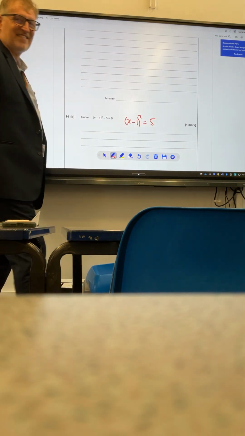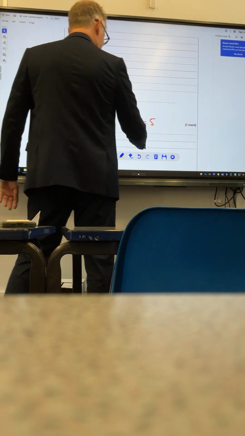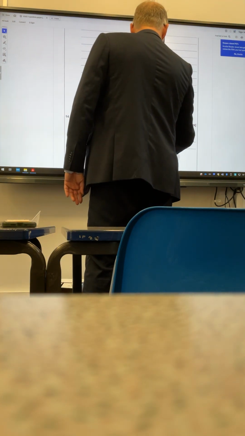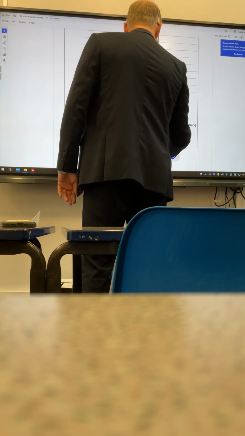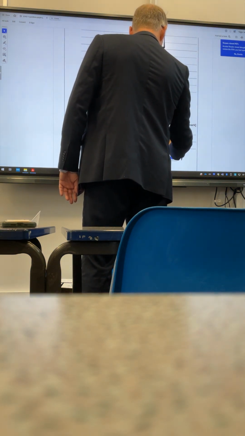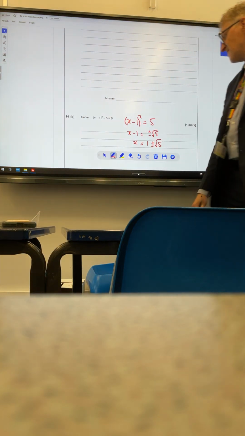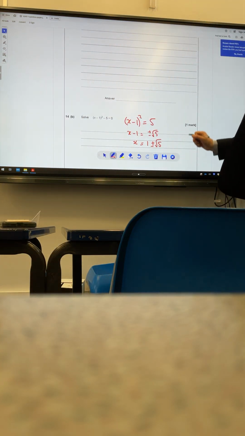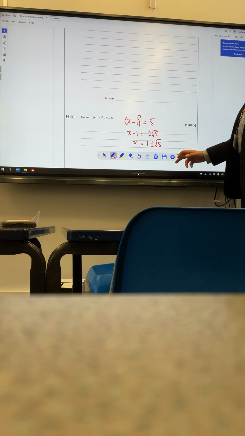You just square root it. Now we get our plus or minus, so you get plus or minus root 5. Then add the 1 over the other side, so x is 1 plus or minus root 5. That's it. One mark, so it's giving you a real clue there. Okay, it's all good.